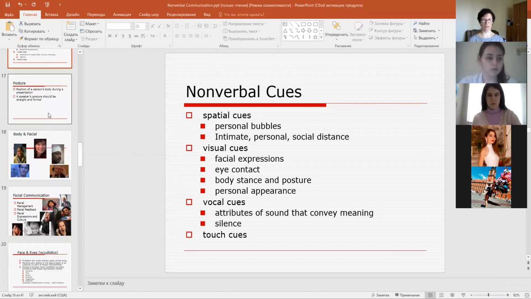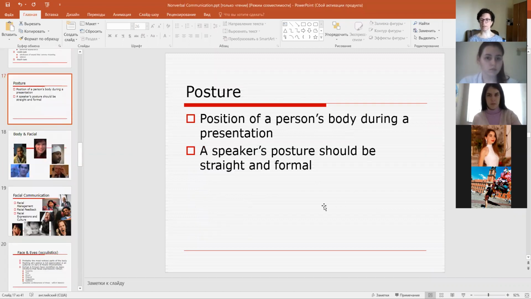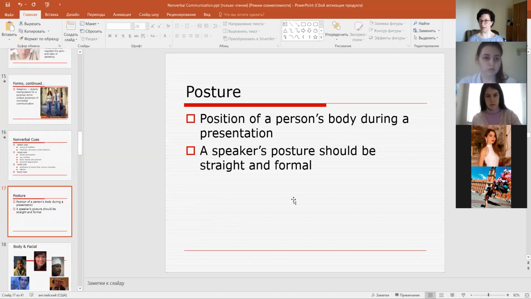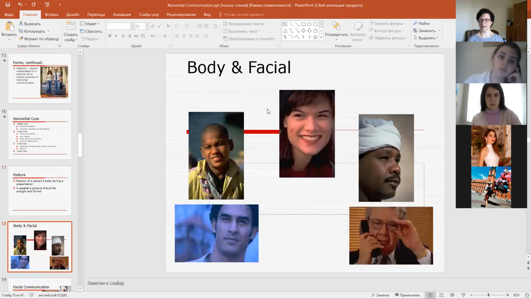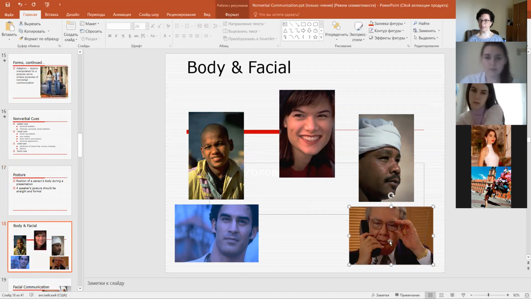Okay. Yeah. Good. And the importance of posture is also here because they all are body cues. They are the position of a person, and by this position we can say if the person is relaxed or really stressed. So I think you can recognize the feelings here. This person is, what is the good adjective?